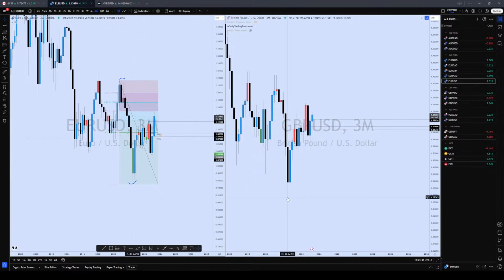But when it started pulling back, euro did not go into premium. It stayed here, and then they took pound rather into premium. So pound does not need to go any higher, but euro does need to get higher.